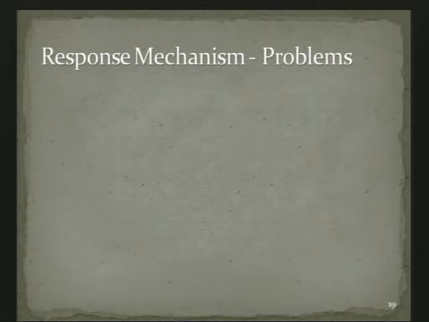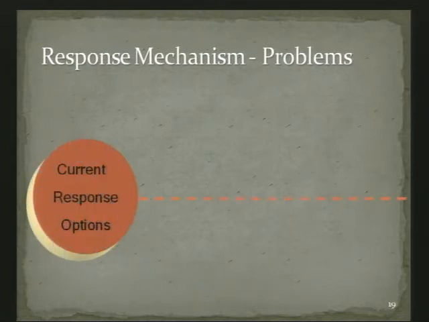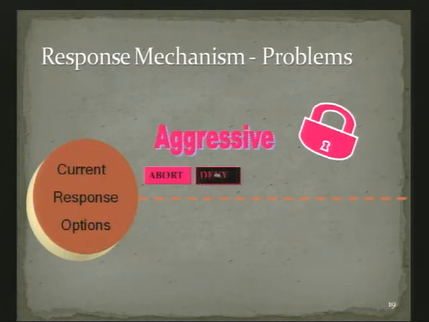The second problem with the response mechanism to date is the response options I just showed you. Some of them are aggressive, like abort the request. Deny means you deny the privileges to the users which you think are anomalous, or you revoke those privileges.